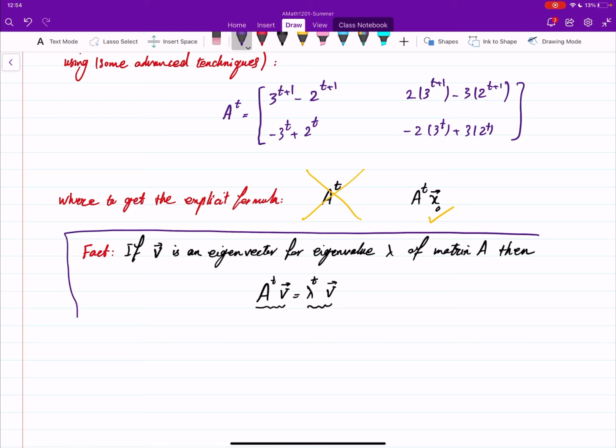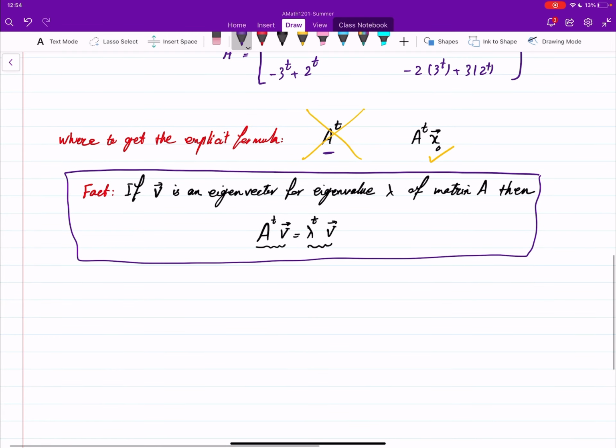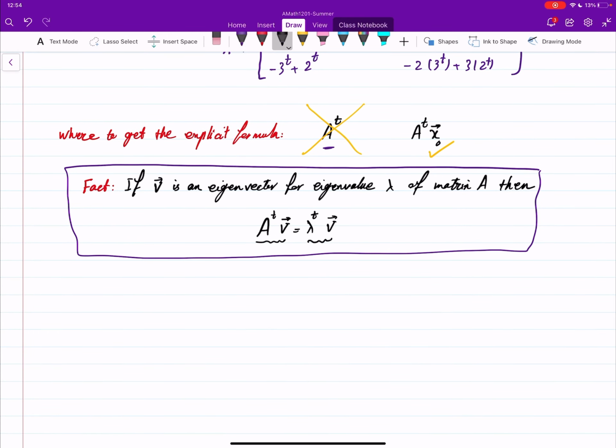So multiplying powers of A by eigenvectors is easy to deal with if you know the corresponding eigenvalues.